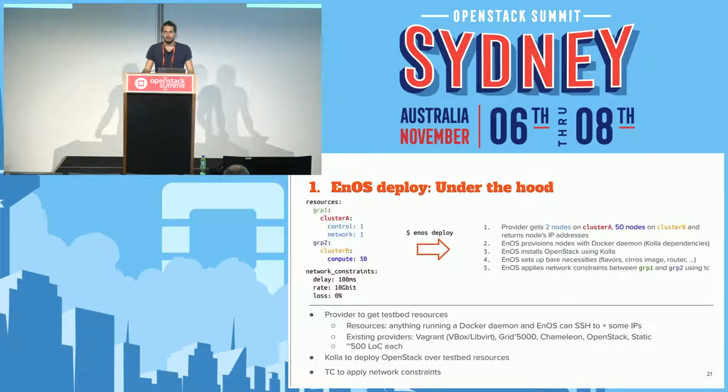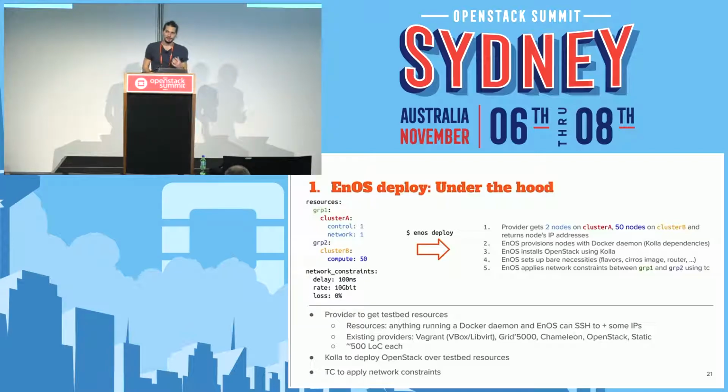After OpenStack has been installed, we populate OpenStack with the bare necessities, so flavors, Cirros image, and network configuration, in order for the OpenStack deployment to be operable. The final step is to apply the network constraints on the nodes we picked, and we do that using Linux traffic control, so TC.